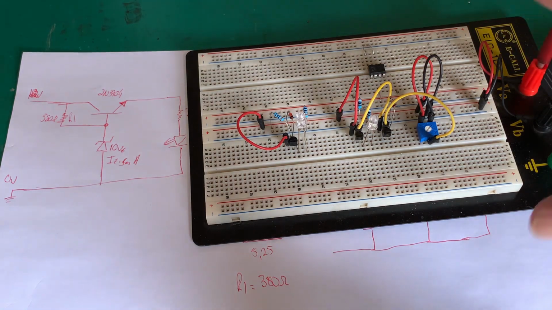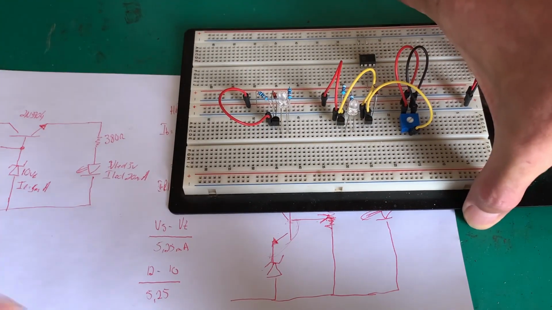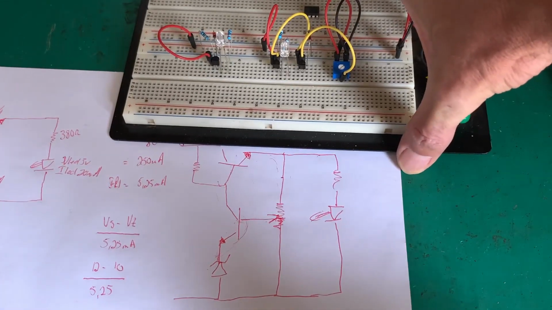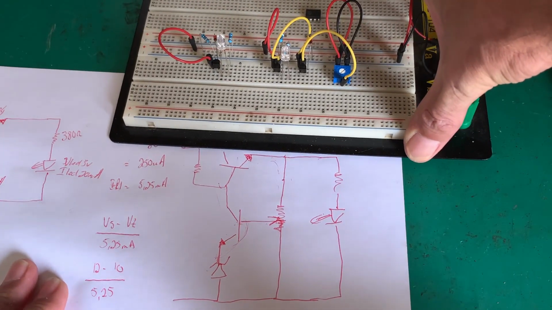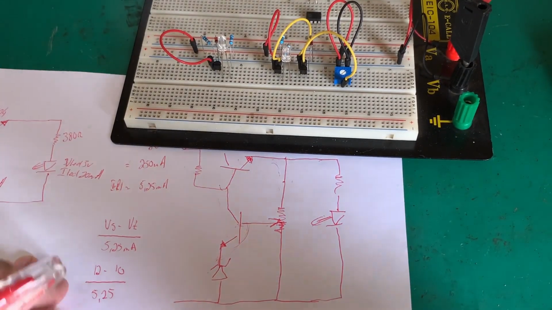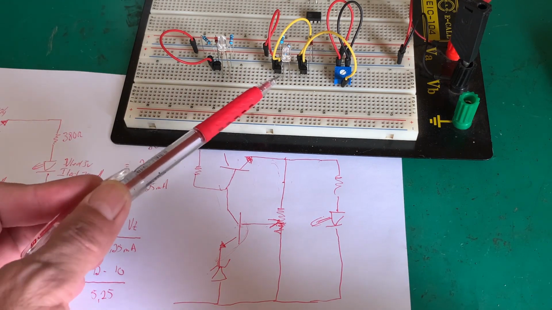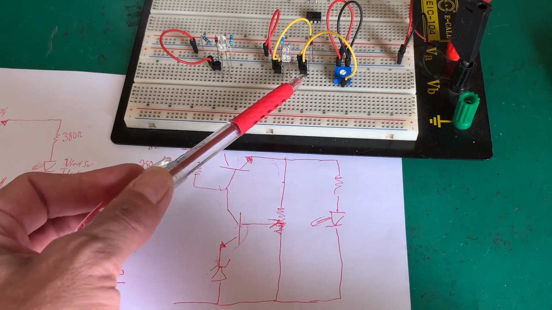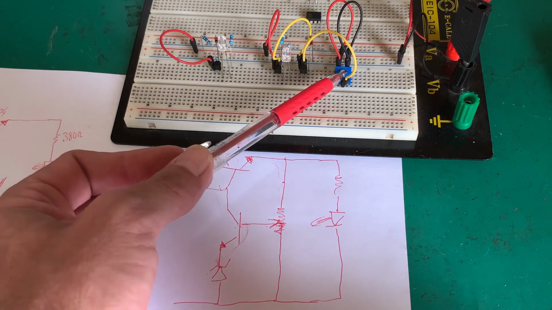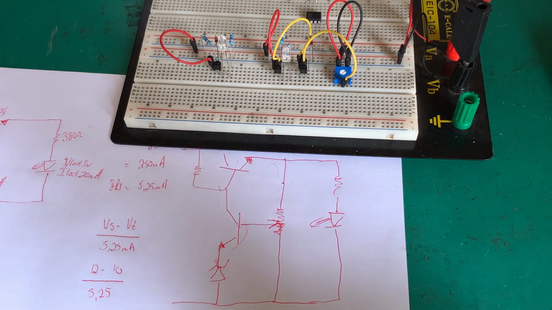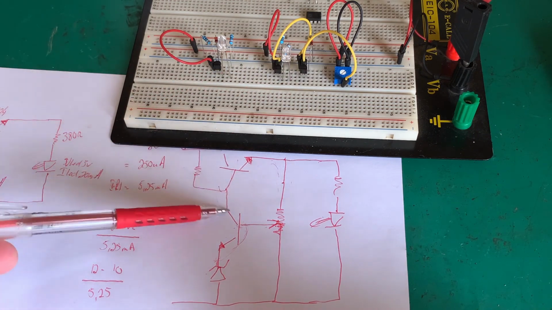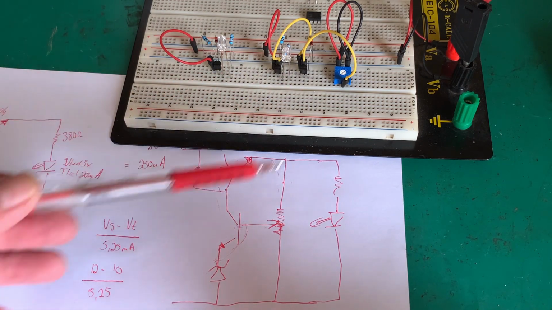On the right we have our dual transistor setup with its pot. So basically we have our two transistors, the feedback being that transistor with that pot, and then it goes into the base of the second transistor.